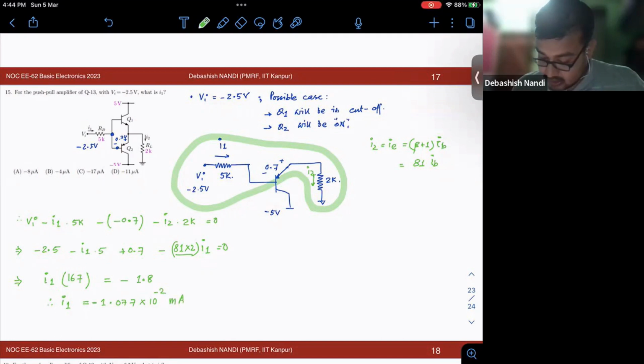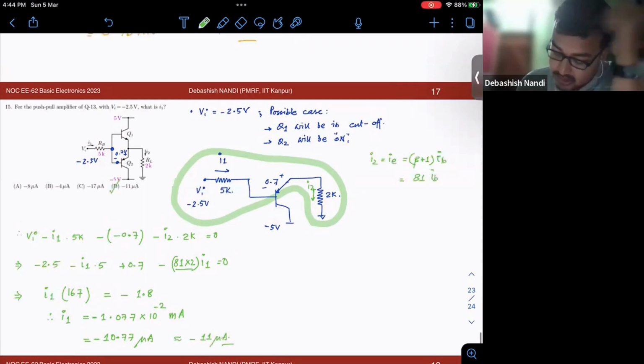Note the sign. So it will be nothing but 10.77 microampere, almost minus 11 microampere. Nothing in this option, so D will be the right option.